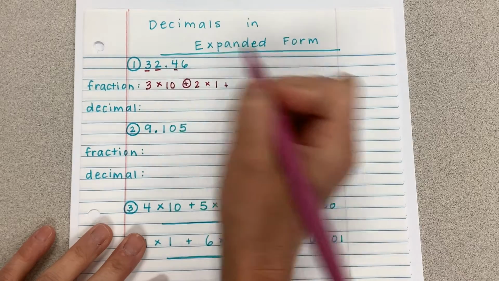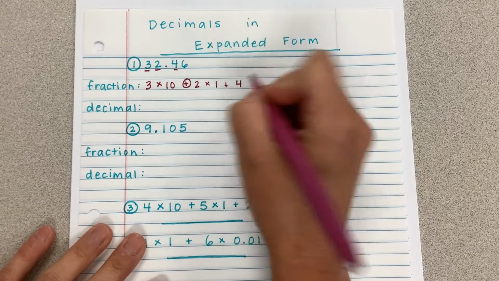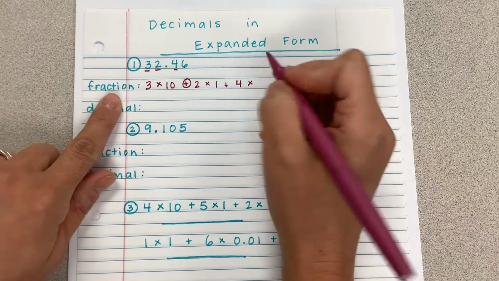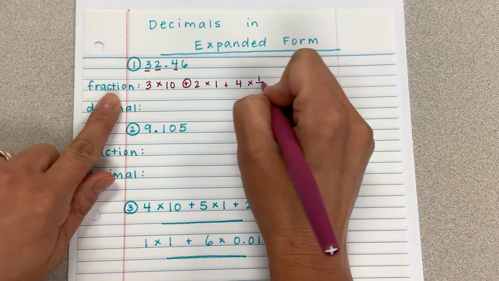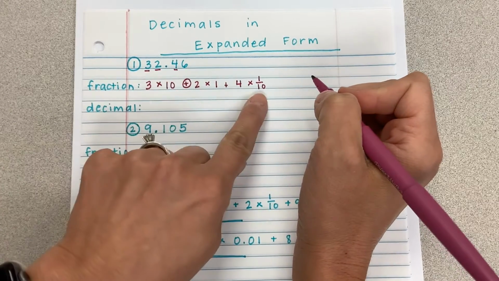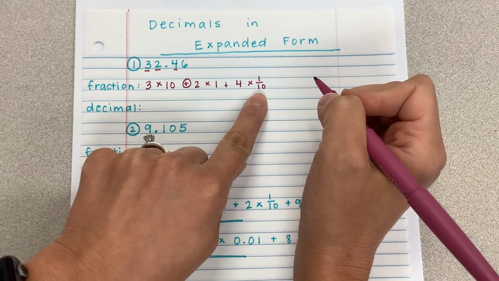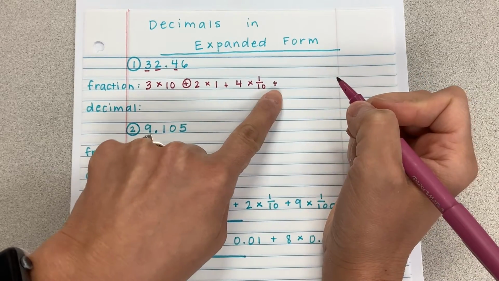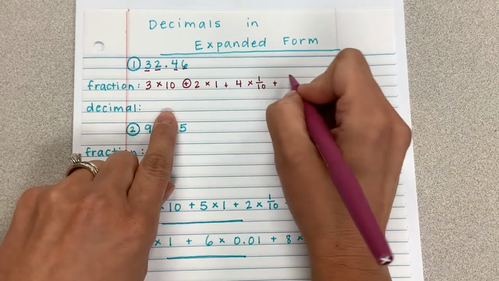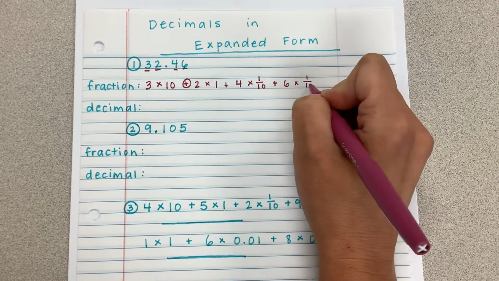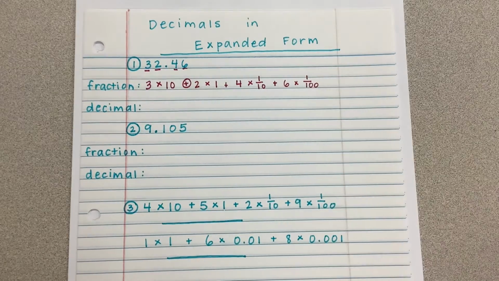So the next digit I'm going to add is my 4, and it's in the tenths place value, and we're doing fractions, so I'm going to multiply that by 1/10. So I'm just taking my digit 4 and I'm multiplying it by the place value that it's in, which is the 1/10 place value. And then I'm going to add it to my 6, which is in the 1/100th place value.